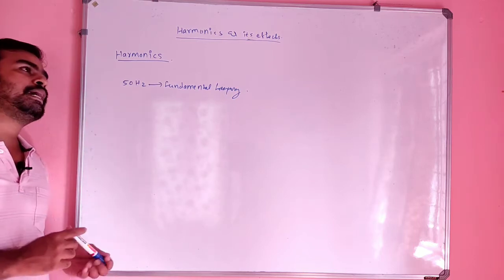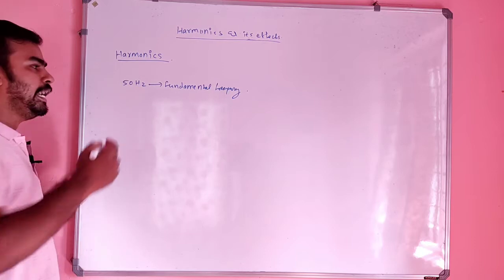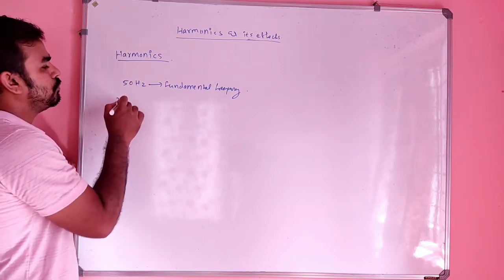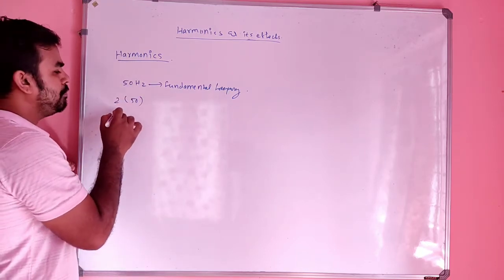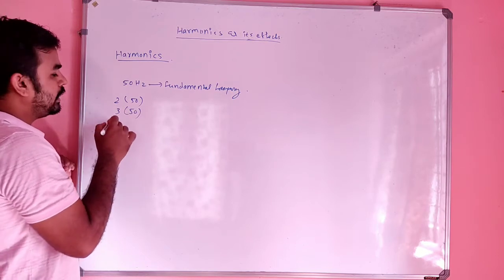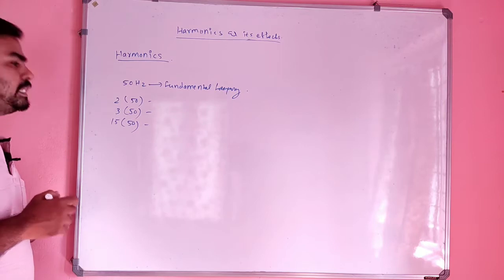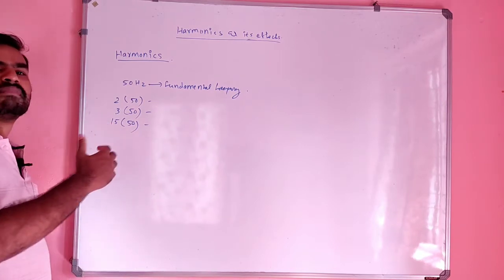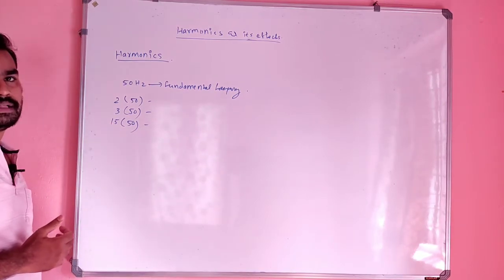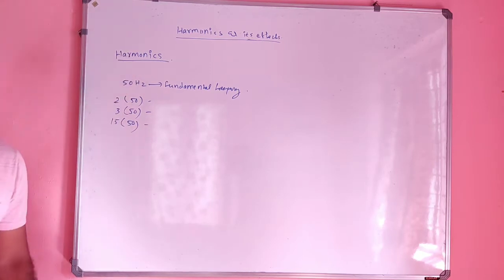It may be a multiple of 50 Hertz. Say it may be 2 into 50 sometimes, 3 into 50 sometimes, 15 into 50 sometimes, anything. So waves which are multiples of the fundamental frequency are called harmonics.